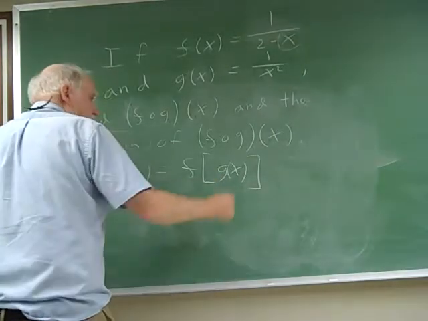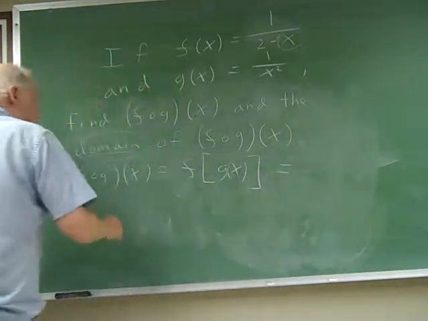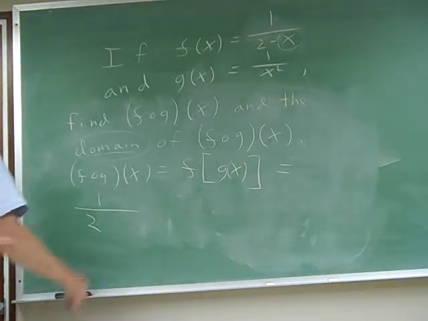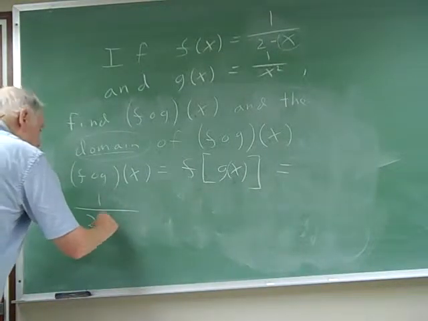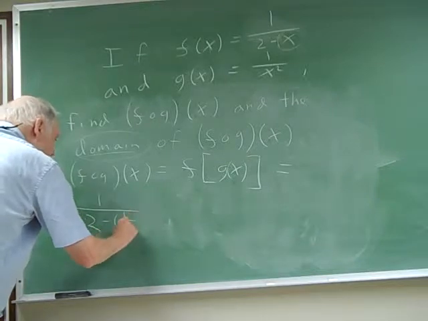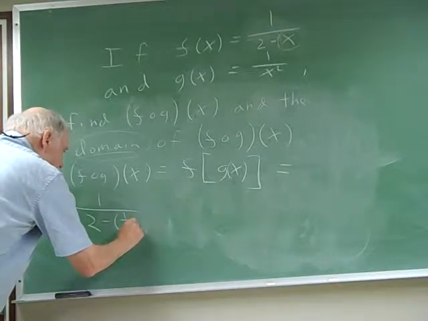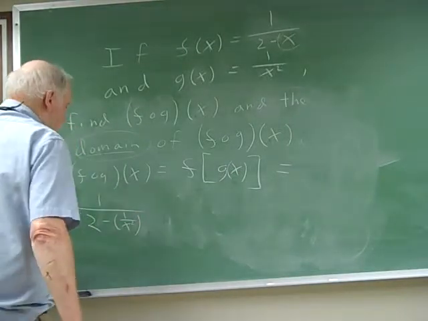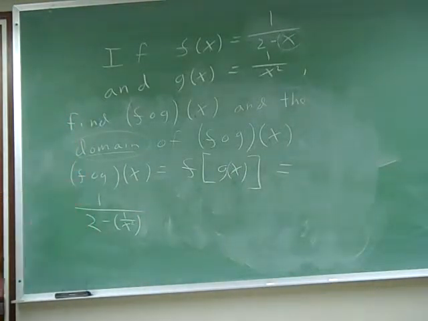So I've got f of g of x, and what does that equal? That equals 1 over 2 minus 1 over x, and that's a square there, x squared. Okay, you can read that okay, all right? And then we simplify it, and of course we add these two fractions, right?